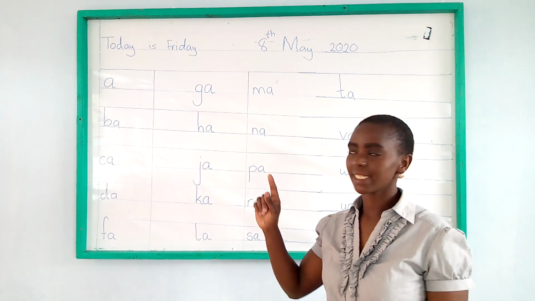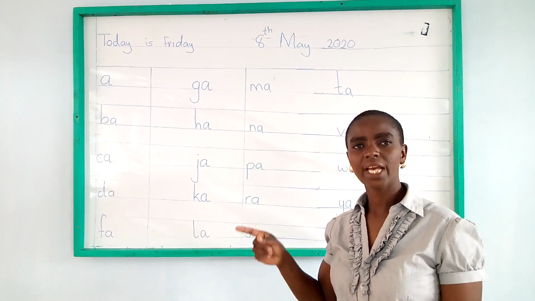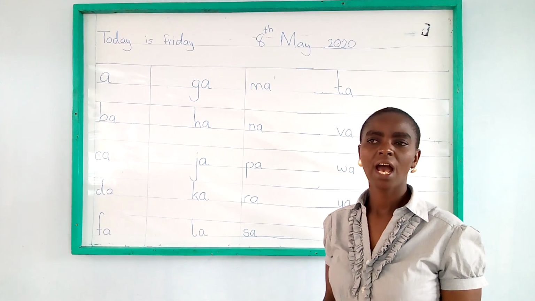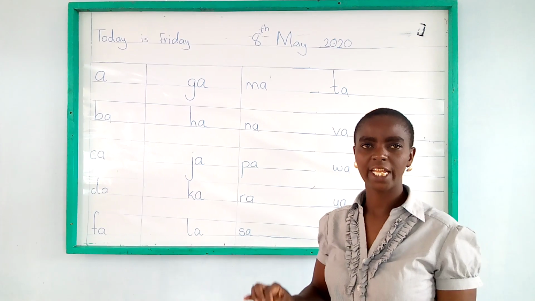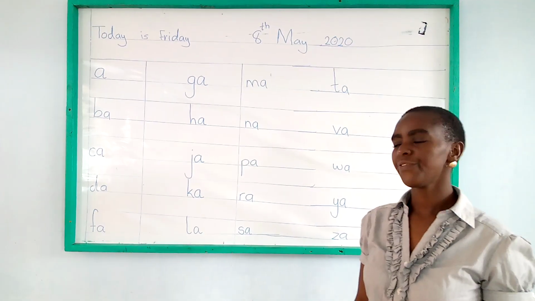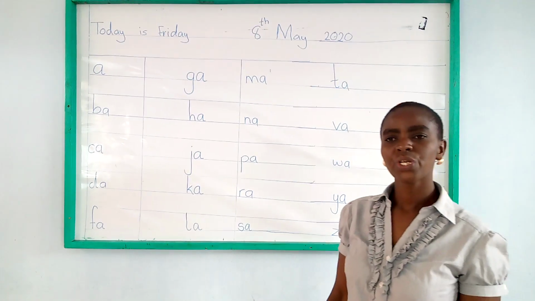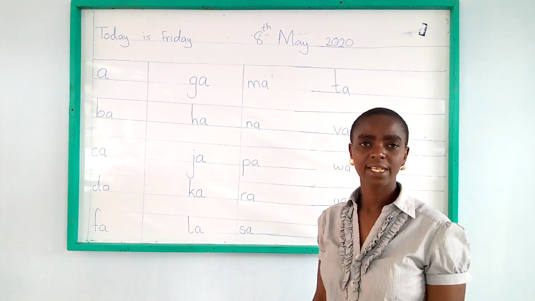In our previous lesson, we learned sounds. How we articulate sounds. How we read them well, in school and out of school when you're at home. If you can remember the sounds, now we are going to do syllables.